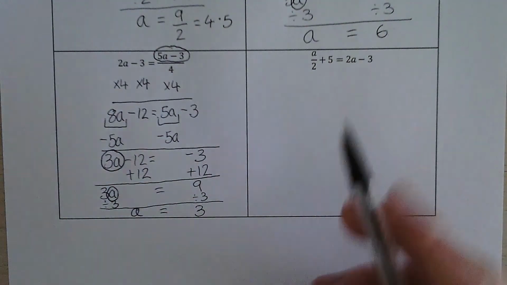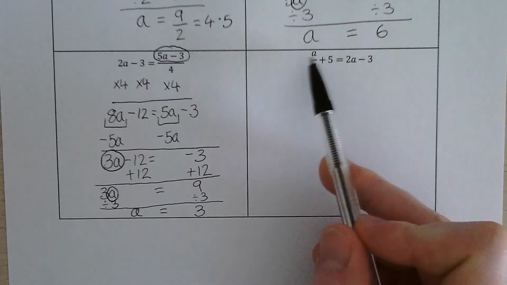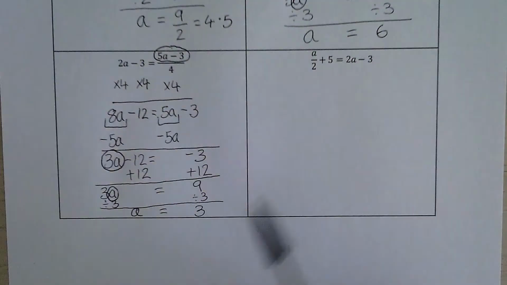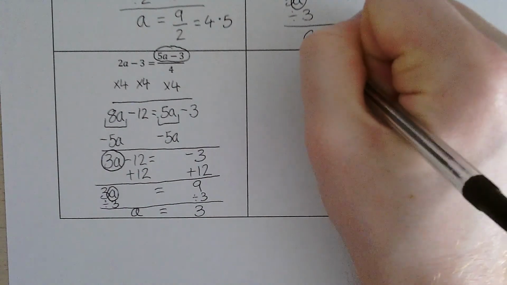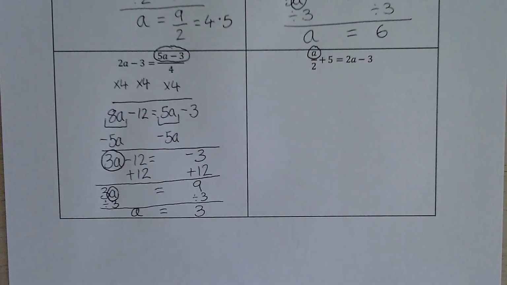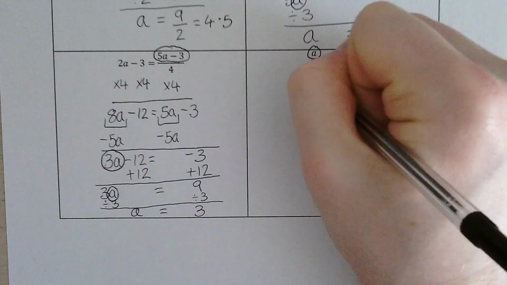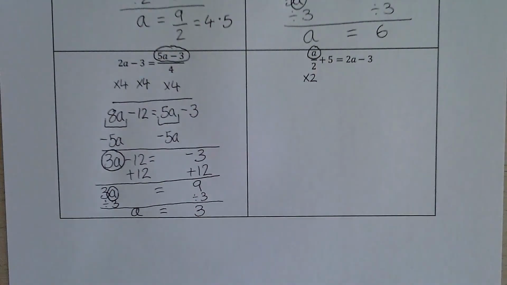Again, we cannot start manipulating the terms involving a because we've got a fraction. I need to isolate this a term away from the fraction, so I need to undo the division by 2. To do that, we would multiply by 2.